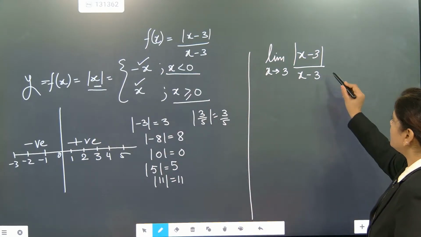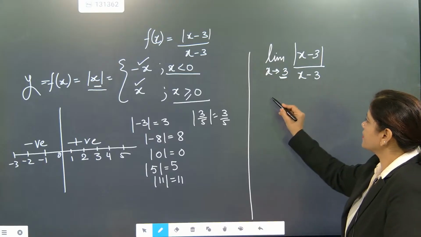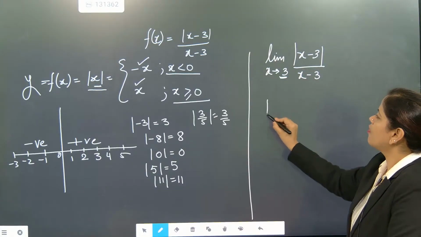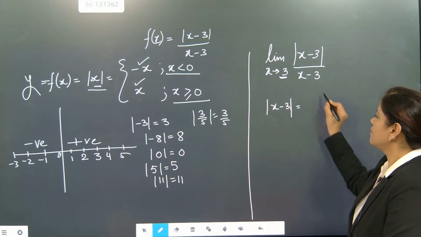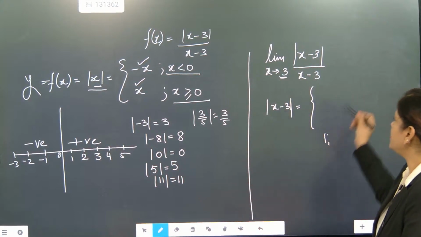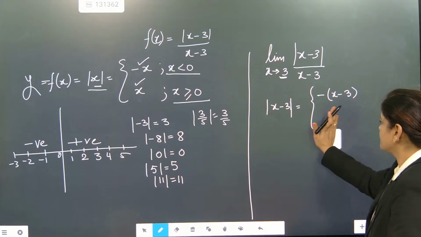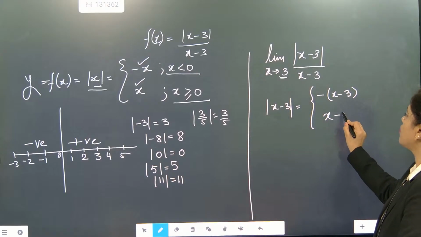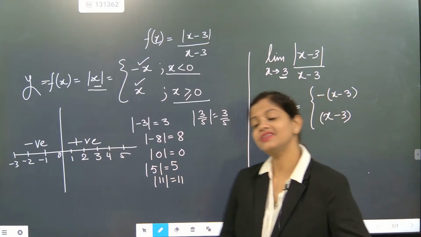When you are checking, the limit is checked at 3. Okay, first this part we are going to take separately. So modulus of x minus 3, we are going to check one time when this modulus will be negative. Understood? Next time this modulus will be positive. Why is this so?